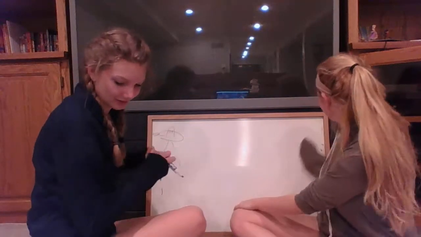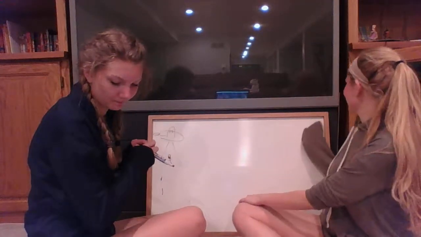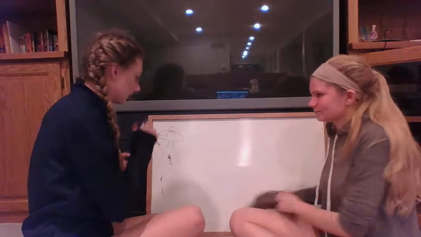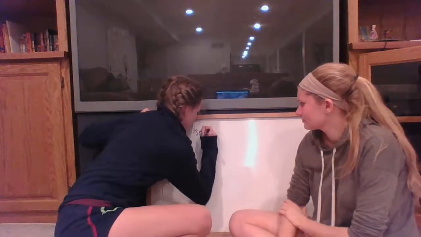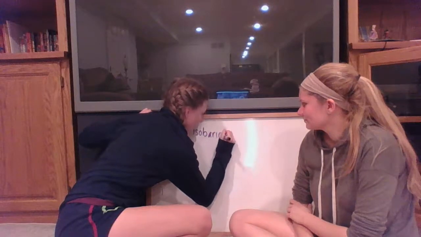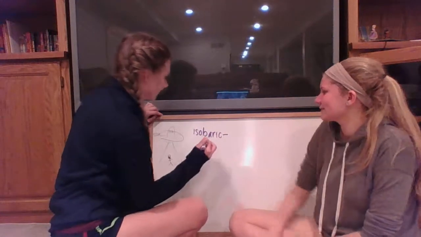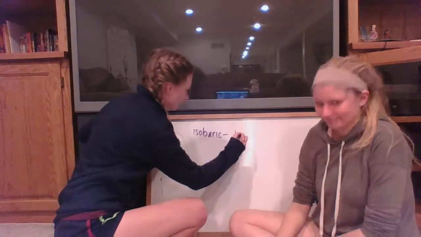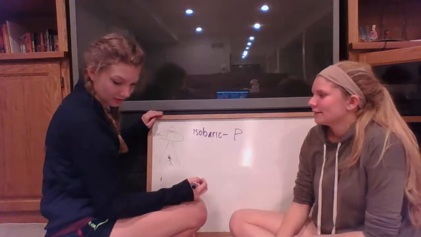Okay, some important words to know when talking about graphs of PV nRT. Isobaric means constant pressure. P is going to be constant in this case.